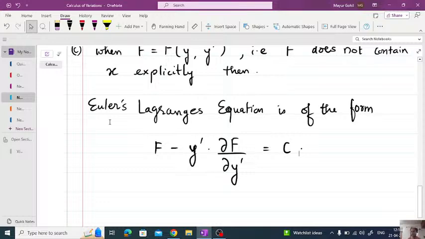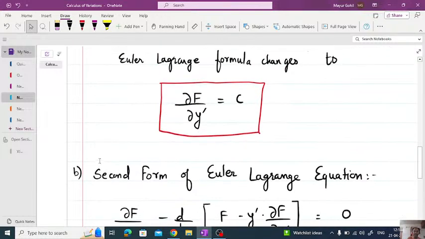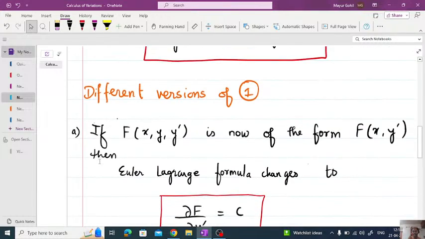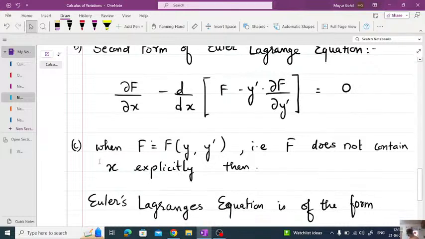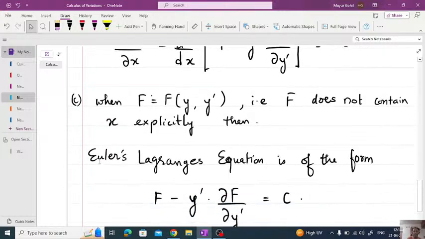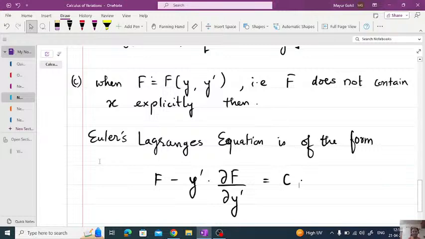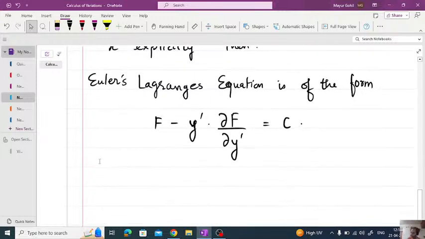Now, we have just seen one formula when f does not contain x, and now we are going to see the format when f does not contain y dash. If f does not contain y dash, what happens? Let us see.